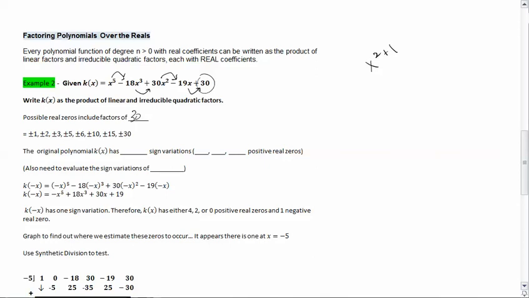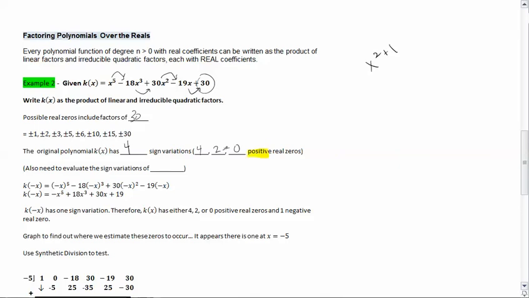So we have 1, 2, 3, 4 sign variations, which means we can have either 4, 2, or 0 positive real zeros. Again, we subtract 2 to figure out how many positive zeros we could have.